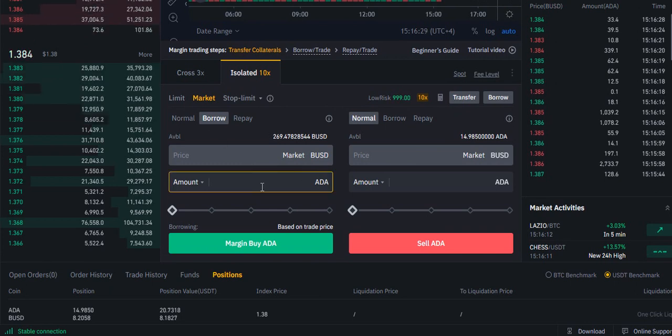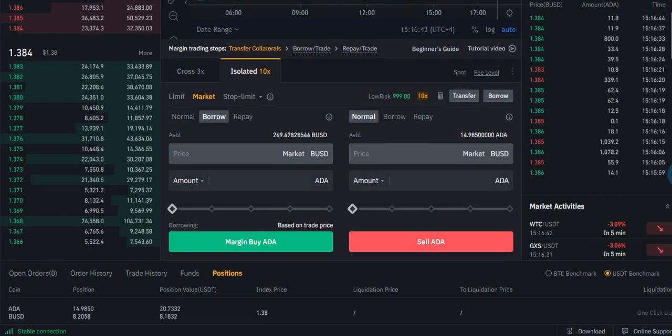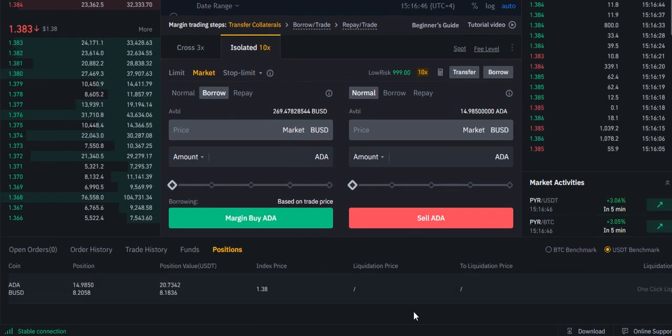No other open position in isolated margin will be part of this, no other open position with any other pair. Only the ADA position will be part of the liquidation, affected when the available amount is less than the ratio given by the isolated margin, like your actual amount divided by the total amount, plus minus.